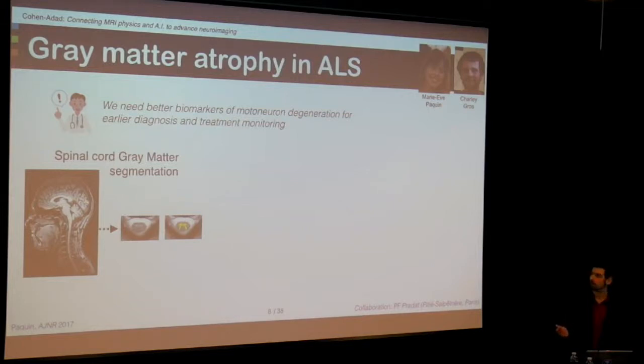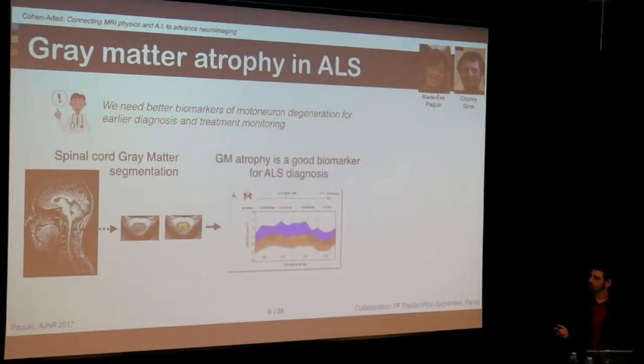So when we talk about neuron degeneration, we are interested in looking at the gray matter, because the gray matter is where the neuronal cells are. We've shown in a study that by looking at the gray matter, which is the little butterfly that you see inside the spinal cord, if we are able to segment it, we get a much better predictor to differentiate ALS patients from normal healthy controls.